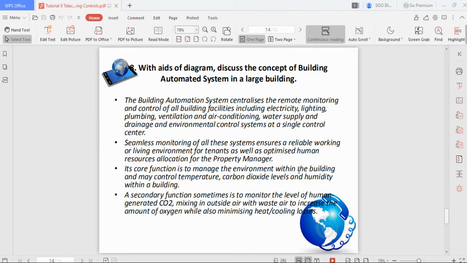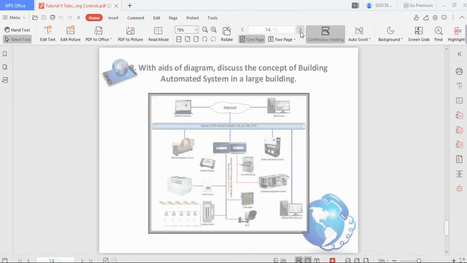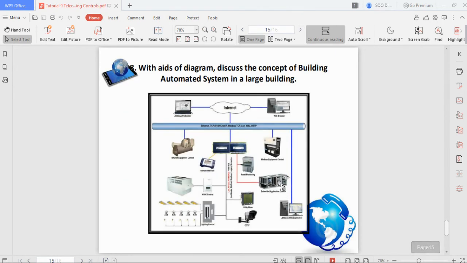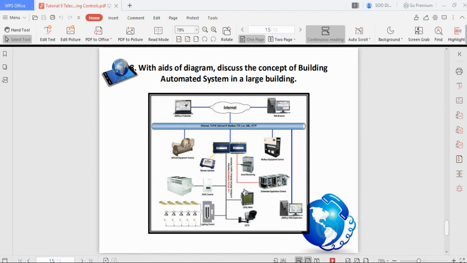So basically, that's about it for the BAS system. To control all of these systems, we won't be using wires. Usually when technology is not so advanced, there will be a lot of wire going in and out of the rooms to the BAS control room.